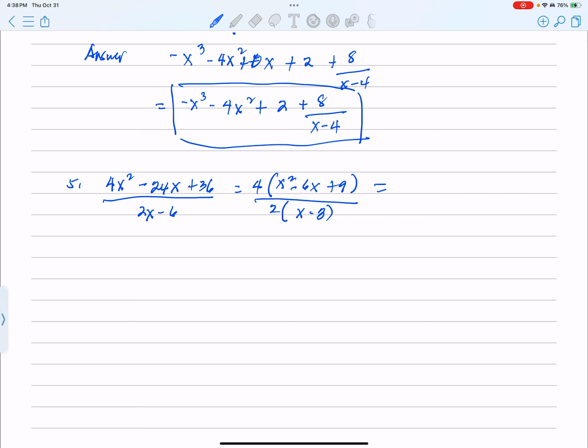Okay? So we can cancel out the 4 and 2 by having 2. But we can factor out the numerator, x squared minus 6x plus 9. That's a perfect square trinomial. 3 and 3. X minus 3 and x minus 3.